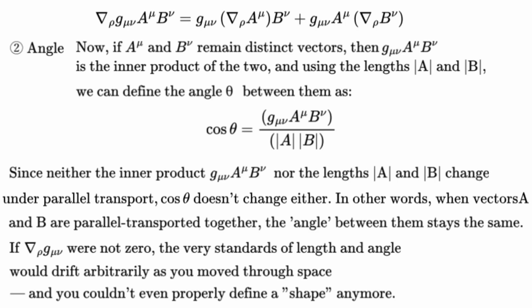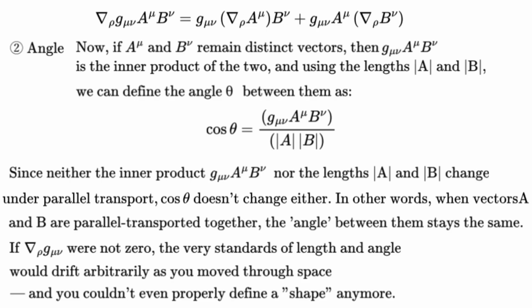Angle. Now, if a mu and b nu remain distinct vectors, then g mu nu a mu b nu is the inner product of the two. And using the lengths a and b, we can define the angle theta between them as cosine theta equals the inner product divided by the product of the lengths. Since neither the inner product g mu nu a mu b nu nor the lengths a and b change under parallel transport, cosine theta doesn't change either.